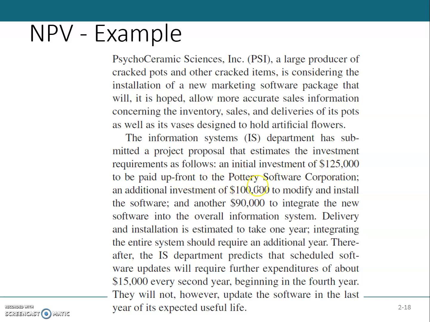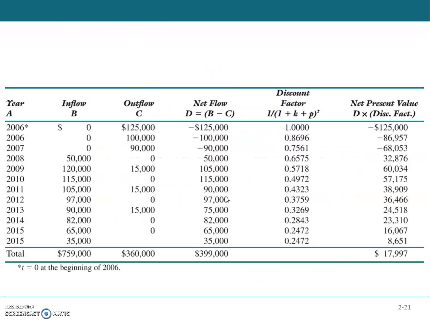Okay, it is an upfront payment, and then there are additional investments of $100,000 and $90,000. They are taken at the end of that year. Okay, so the initial investment is $125,000, and then $100,000 and $90,000 at the end of the year.